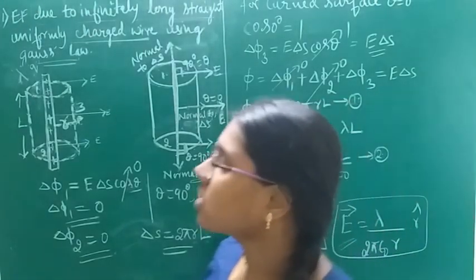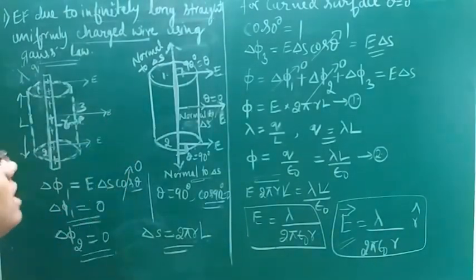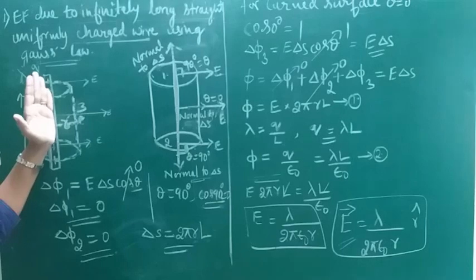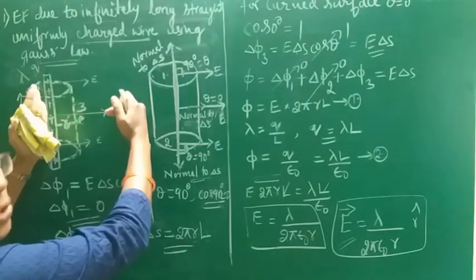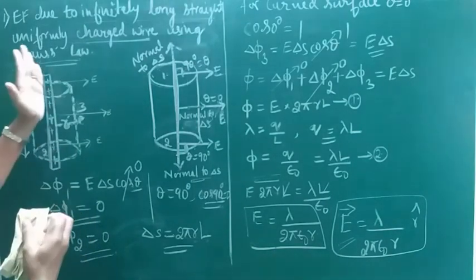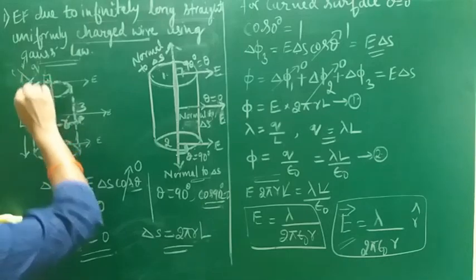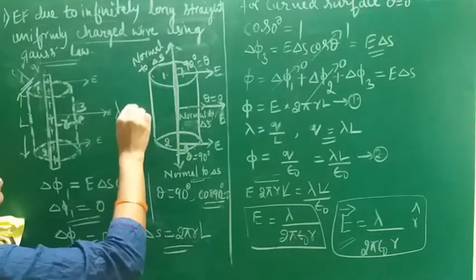The direction of the electric field E is radially outward if the charge present in the straight wire is positive, that is, if the linear charge density lambda is positive.